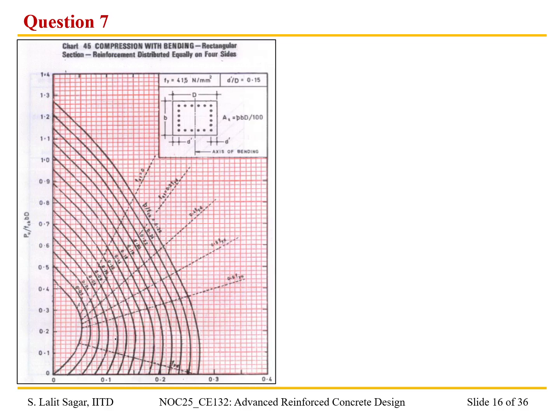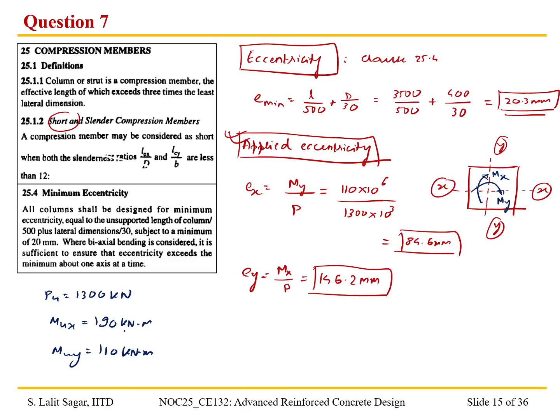When a column is subjected to this biaxial moment, what do we do? The first step is we need to determine the equivalent uniaxial moment, that is M equivalent, let me write it as MUE, is equal to 1.15 multiplied by the square root of MUX square plus MUY square.